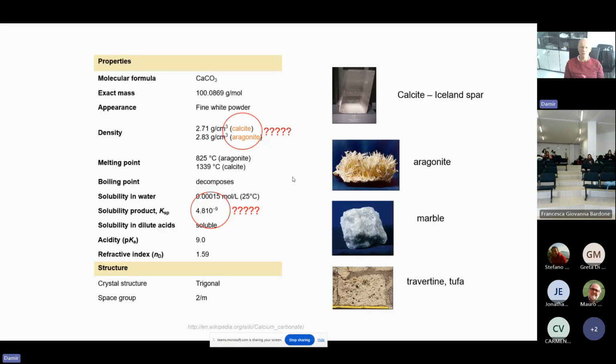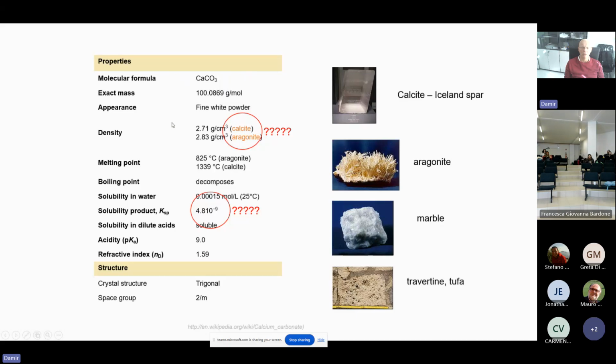Even if you take a look on the web, you can see a lot of information about calcium carbonate. In Wikipedia, you can find all details about molar mass, size, melting point, boiling point, solubility, and so on. But it is indicative that when talking about density, you can see only information about calcite and aragonite.